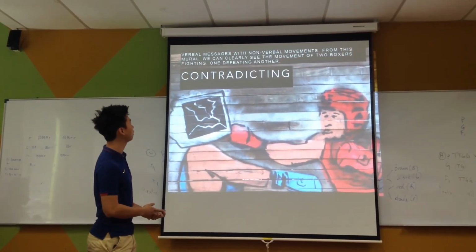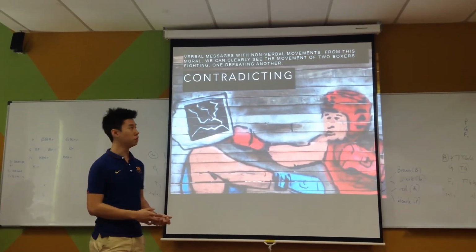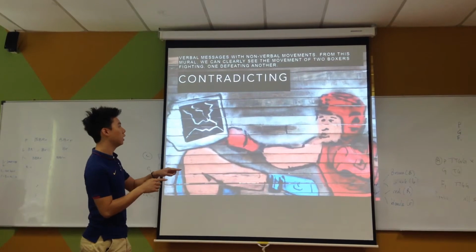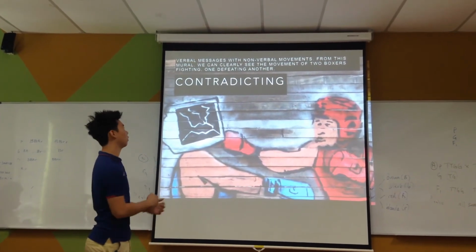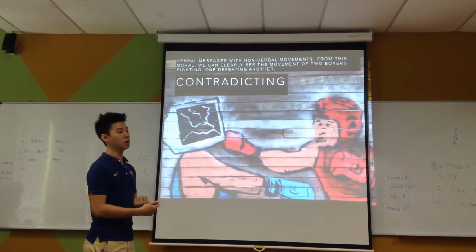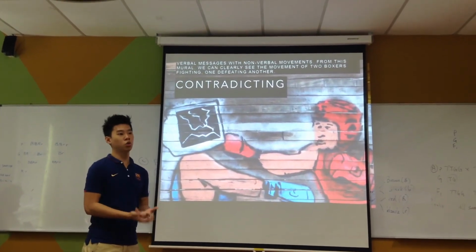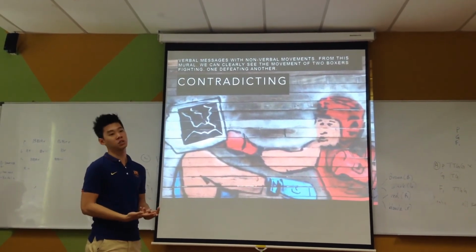Contradicting: this is verbal messages with non-verbal movements. You can see the human knocking out the technology, which shows the message that nowadays people are too into technology and are being really antisocial.